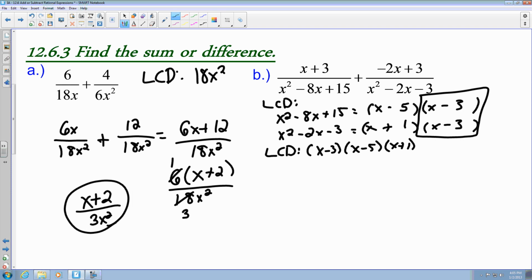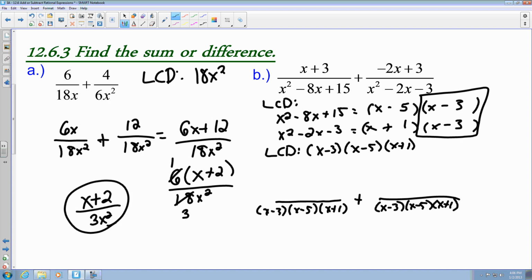So now I need to rewrite my fractions with our least common denominator. So both of them are going to have x minus 3, x minus 5, and then x plus 1, plus x minus 3, x minus 5, and x plus 1.